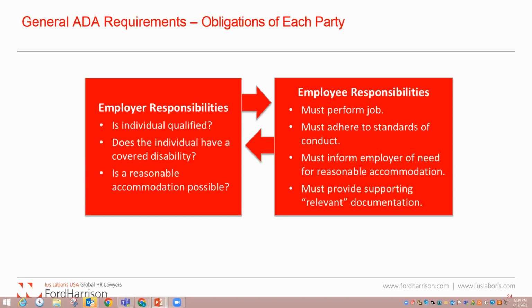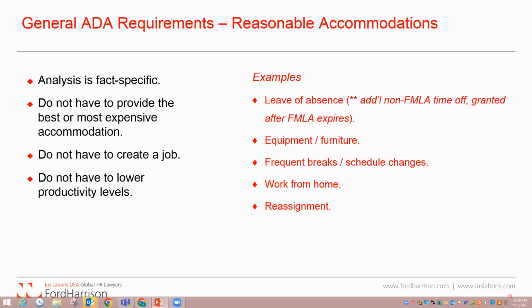The employee, of course, has to perform the job, adhere to standards of conduct, and obviously you can always ask for documentation from the individual to support their need for an accommodation.